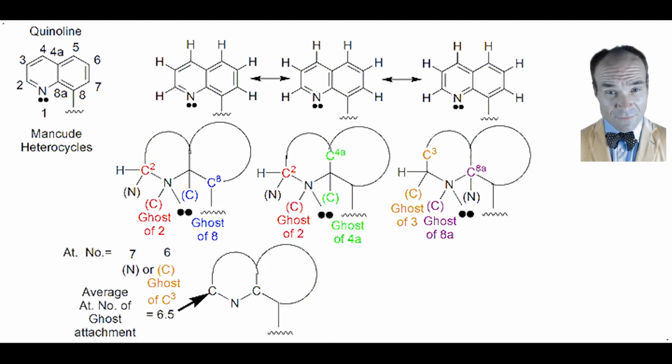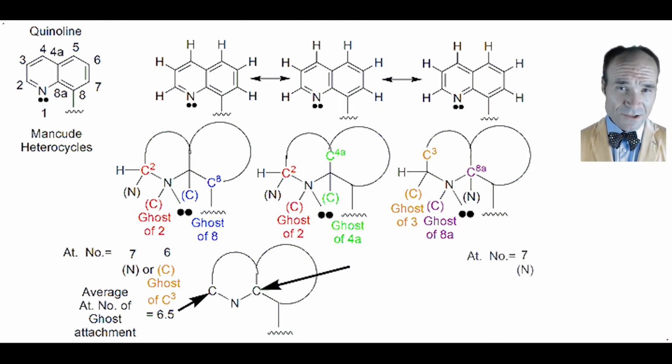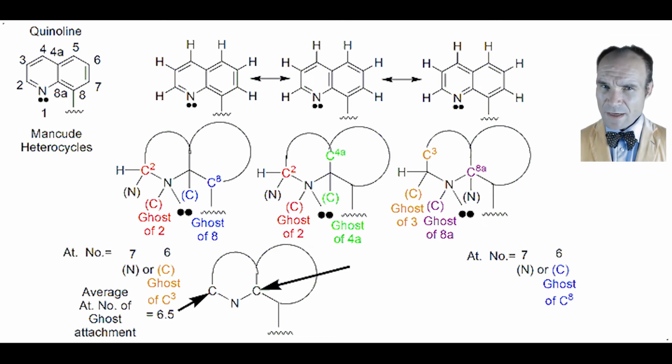However, if we consider the ghost atom at carbon 8A, a different story emerges. Now we have again a nitrogen ghost atom with atomic number 7 from one source, but carbon ghost atoms from two sources, one atomic number 6 from carbon 8 and one atomic number 6 from carbon 4A.